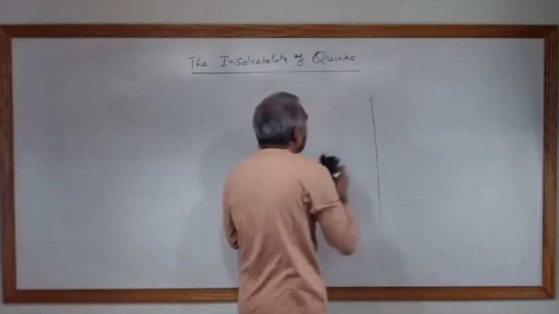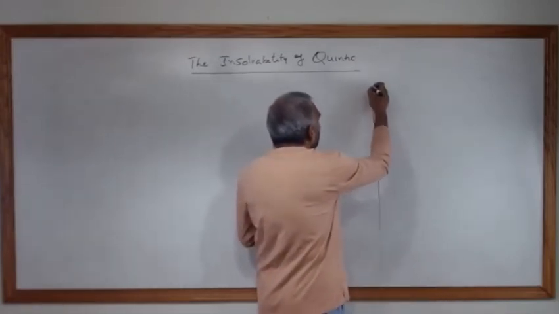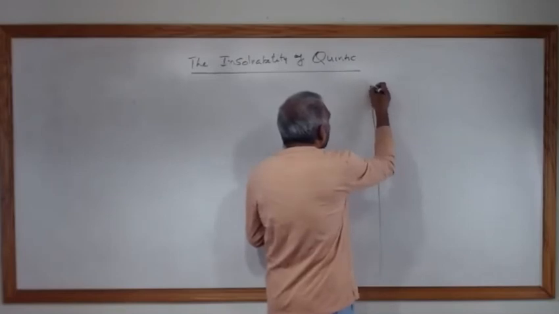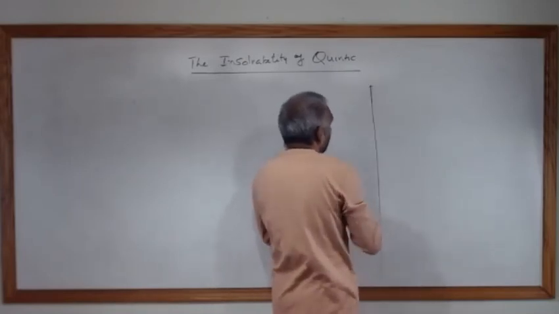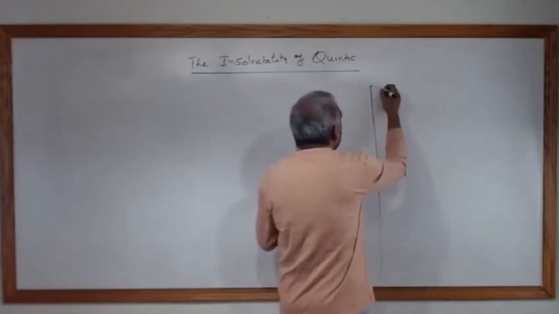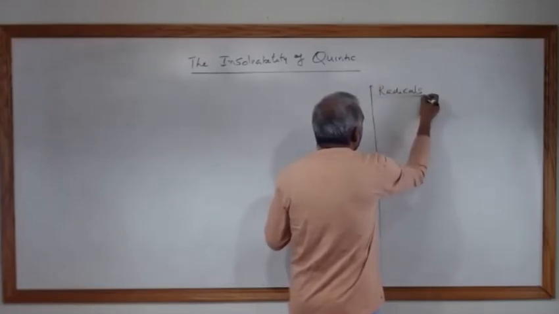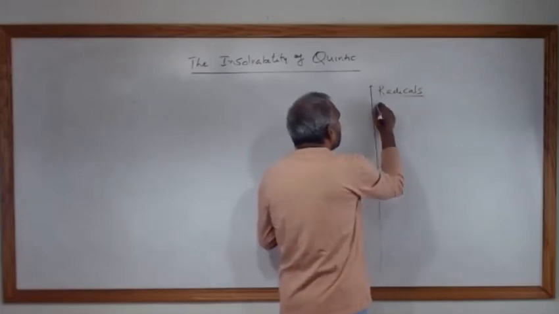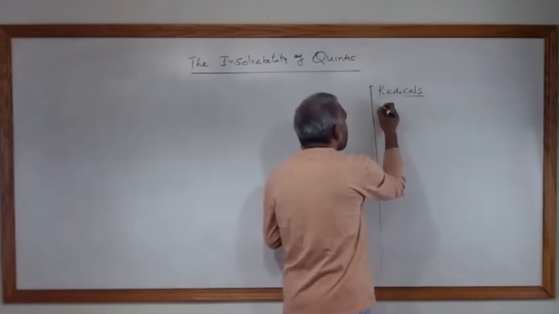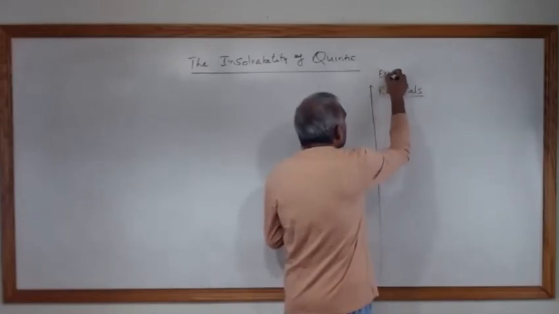Now, we are going to talk about special kinds of elements called radicals. This is an example, okay?